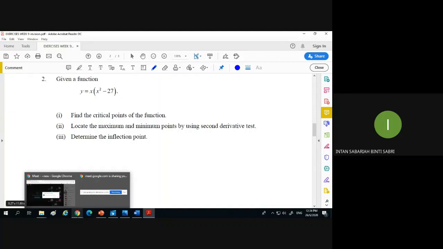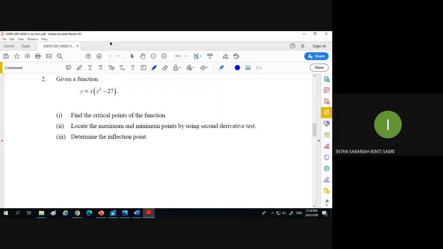And then we find the inflection point. That's all. Let me repeat: in this subtopic we find the critical point, the critical value, the nature, whether maximum or minimum, and lastly the inflection point. That is all you need to know.